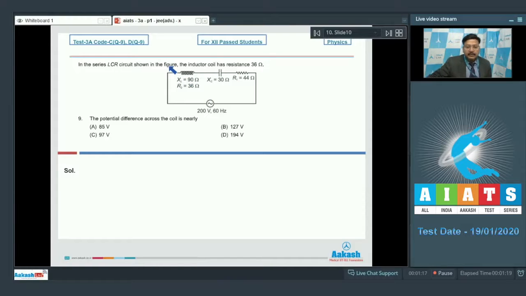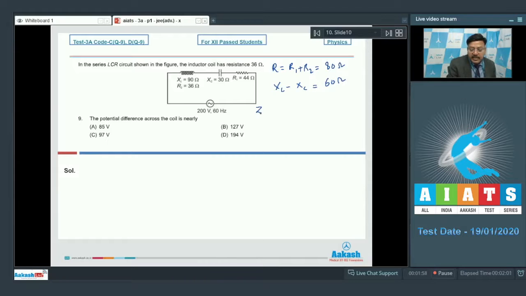Now to find impedance, first of all the total resistance is 44 ohm plus 36 ohm, let's say R1 plus R2, and this value is 80 ohm. Now XL is 90 ohm and XC is 30 ohm, so XL minus XC is 90 minus 30, or simply 60 ohm.